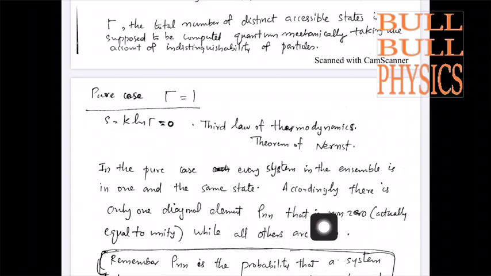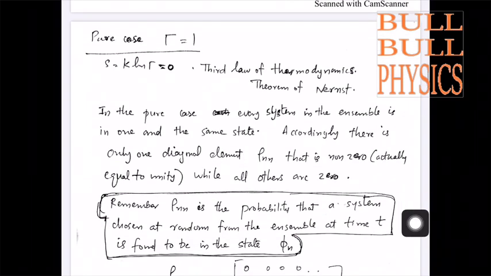So when we take the density matrix, there is only one diagonal element, rho n, that is non-zero, and all others are 0 because other microstates, if at all they are there, are not accessible.